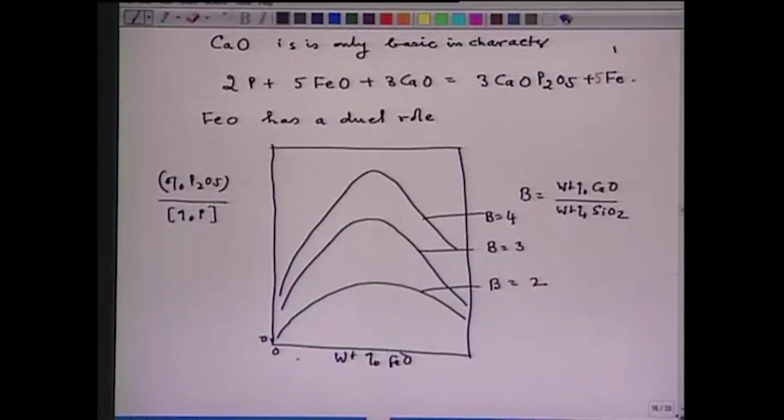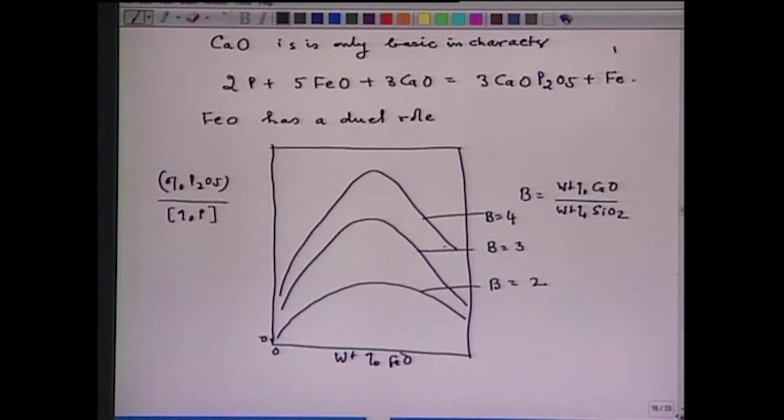If we consider, for example, the variation for basicity equal to 4, as we increase the weight percent of FeO, there is an initial increase of dephosphorylation up to a certain optimum value of FeO, and then it further decreases after reaching the optimum value with the increase in the FeO content of the slag.